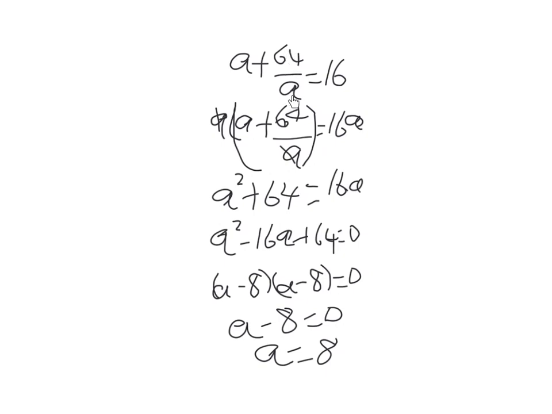You say 64 divided by 8, where you see A you put 8 right here. And now it's 64 divided by 8 plus 8, which equals 16. That is how you prove whether your A value is correct or not.